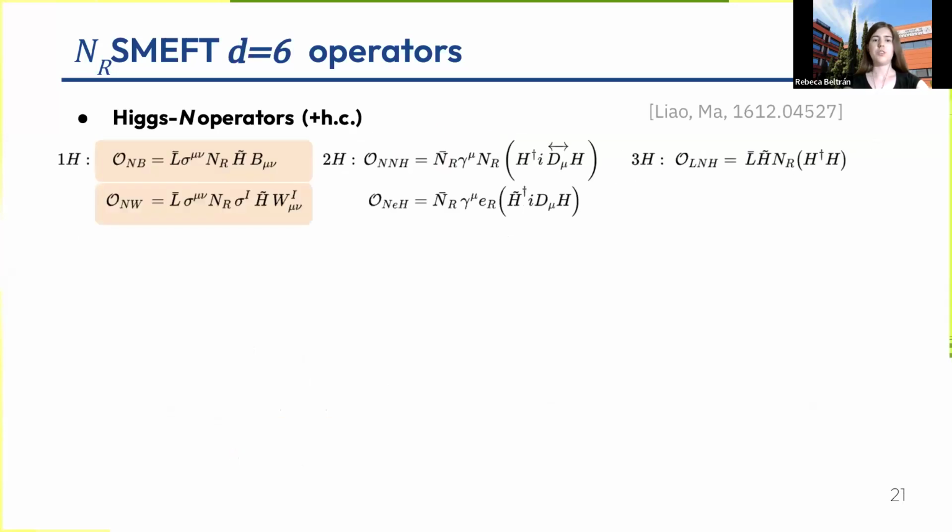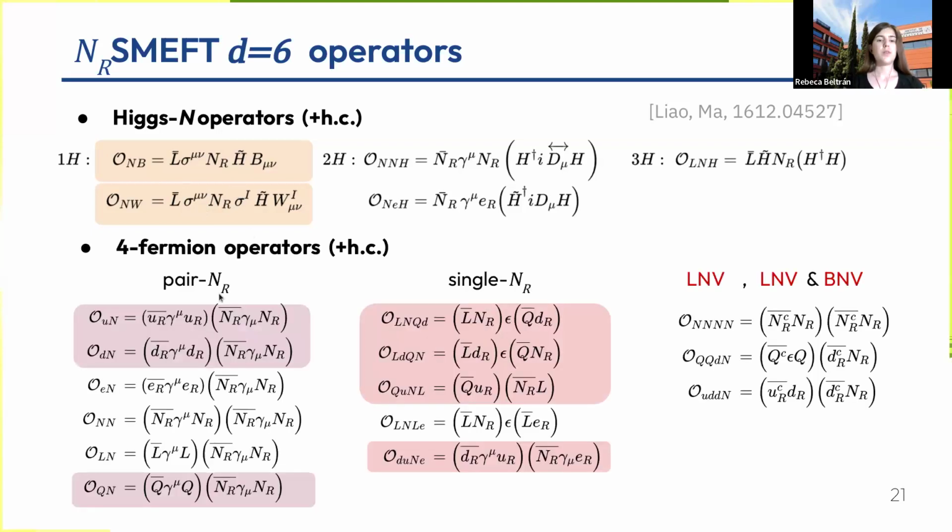Then moving to dimension 6, we find several operator structures which can be classified according to their field content. For example, the operators in this first column can generate active to sterile neutrino magnetic moments after electroweak symmetry breaking. We will also come back to them later. The other main category at dimension 6 is that made of four-fermion operators.